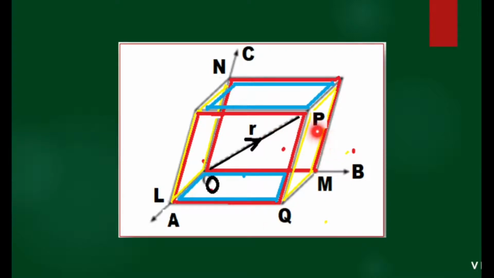We draw a perpendicular from P to Q on the xy plane, and we find the value of this vector OP by adding OL plus LQ plus QP.